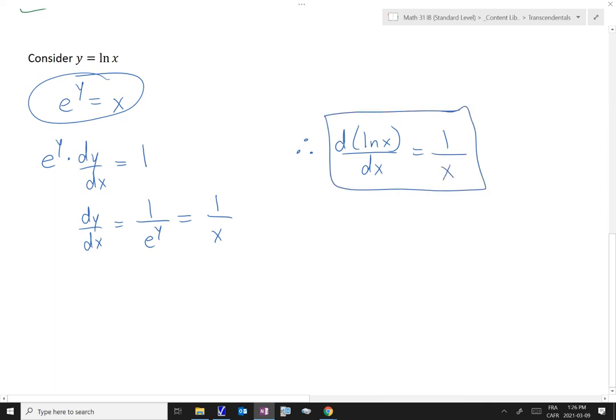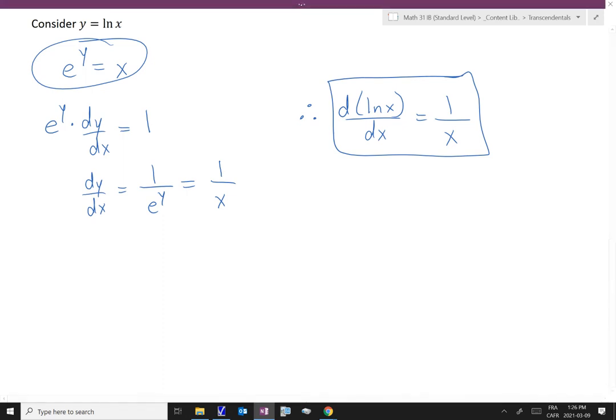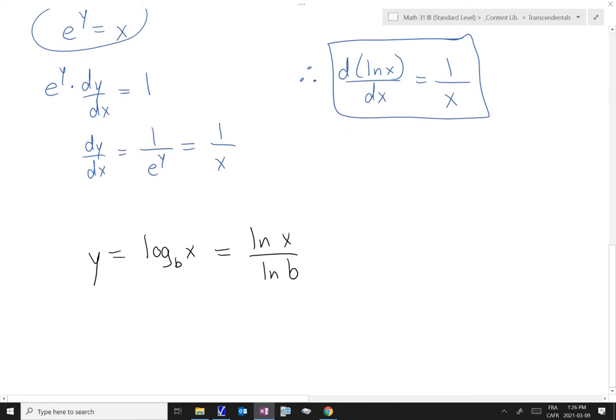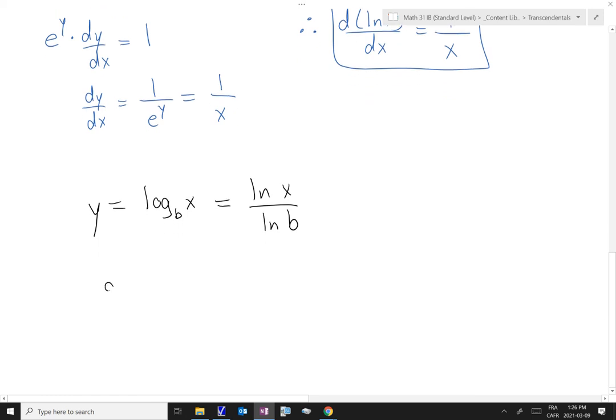Again, because we can change bases, I can now differentiate any logarithmic function with any base. So if y equals log base b of x, this is equal to the natural log of x over the natural log of b, where the natural log of b is just going to be a constant. So dy/dx is simply going to be 1 over ln b times the derivative of natural log of x, which is 1 over x.